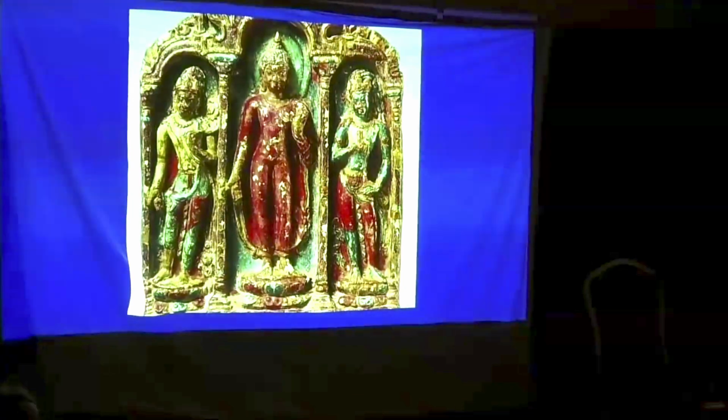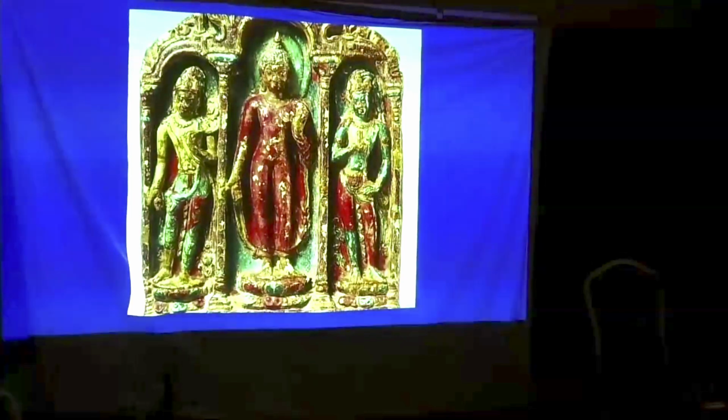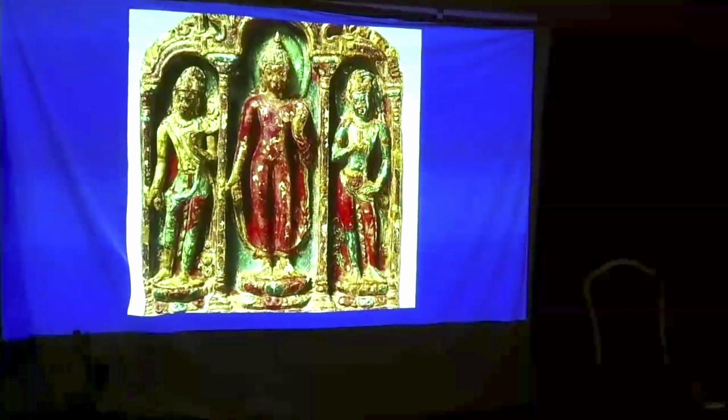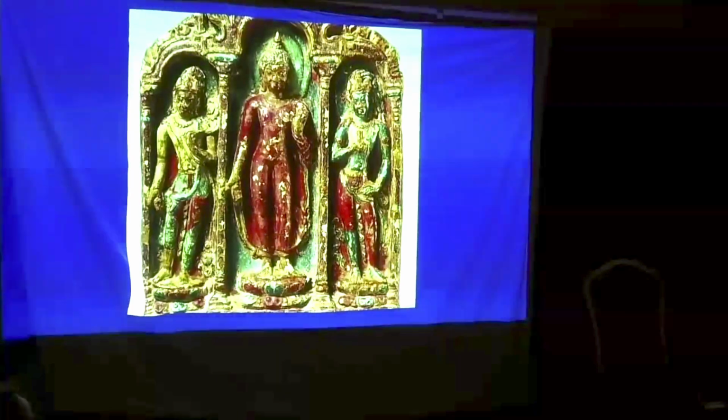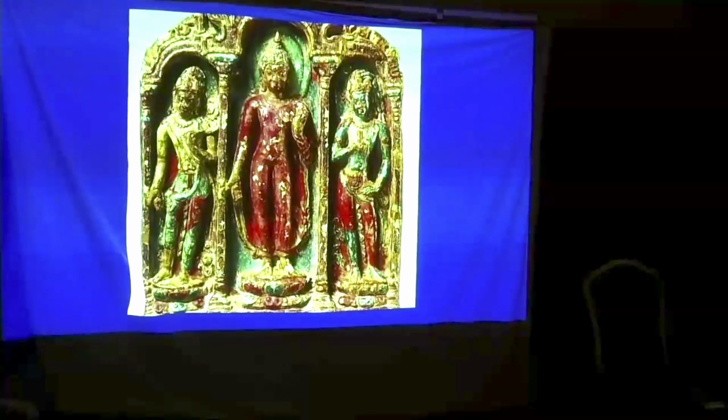So now we're going to have a little look at first this figure in blue, Vajrapani, the Vajra holder, and then the lotus holder, because this is the start of the mandala really with these three figures.